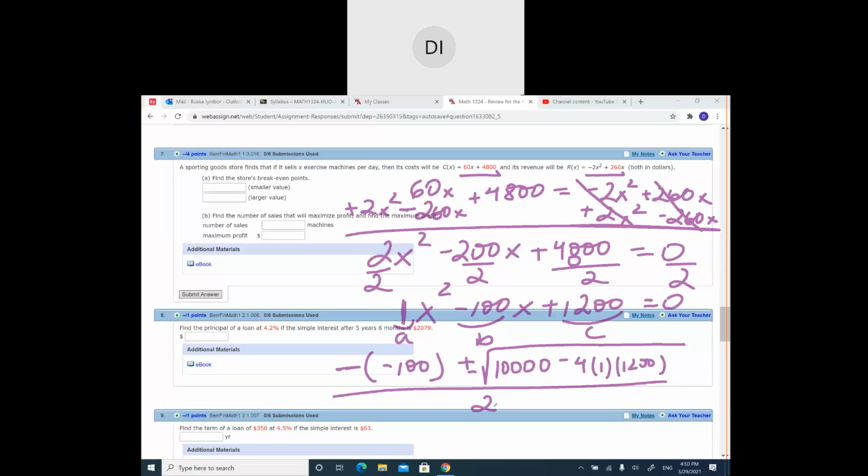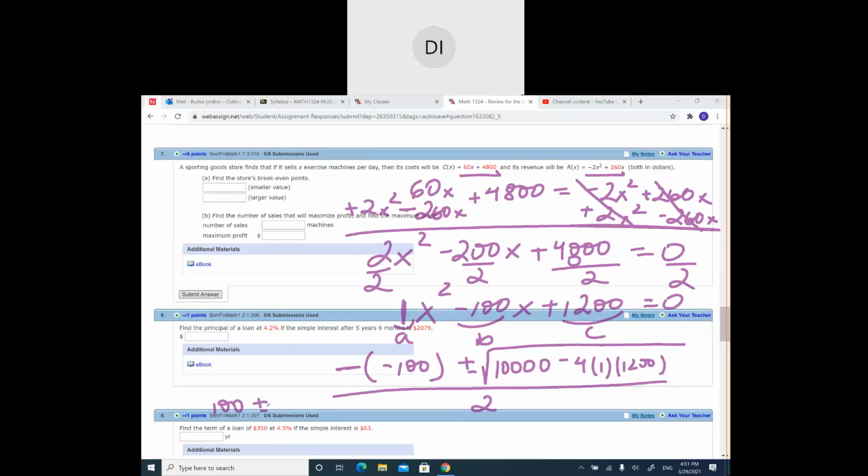So first we have to simplify inside the square root. When I multiply 4 times 1200, that's going to be 4800. And that's going to be negative, so I'm going to subtract it from 10,000. And that's going to be 5200. So this is what I have so far. I have 100 plus or minus square root of 5200.